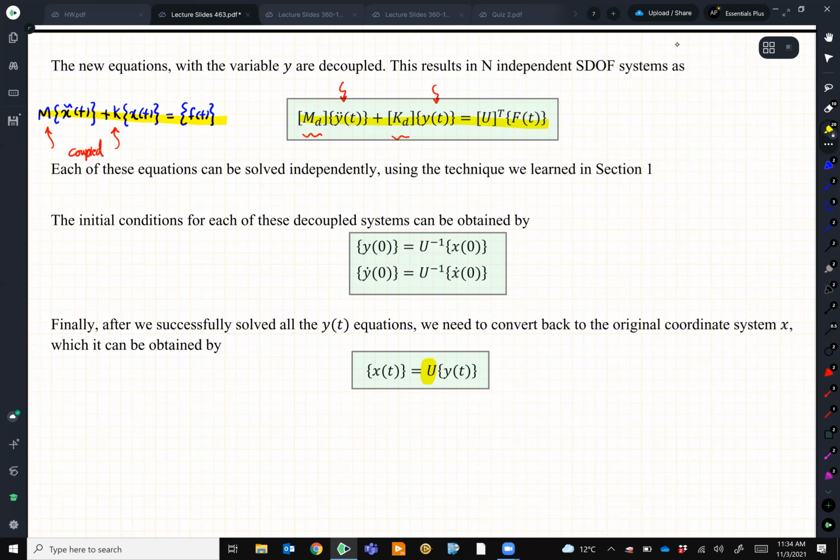I remember when I studied eigenvalues and eigenvectors, there were two things which I thought were the most useless things to learn. One was eigenvalues and eigenvectors, and the second one was the Fourier transformation.